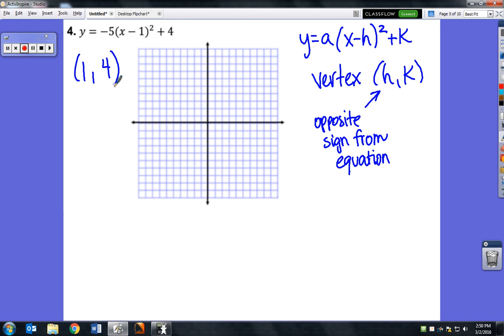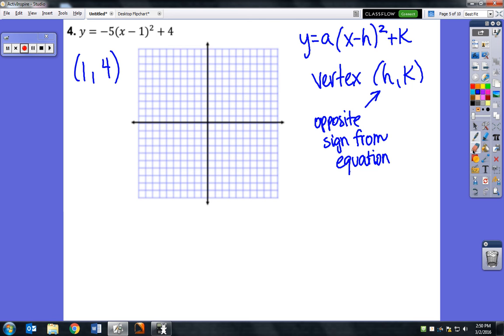What I would also recommend to graph next is your y-intercept. To find the y-intercept of a quadratic function, all you have to do is plug in a 0 for x. I'm going to go ahead and do this on the right-hand side.